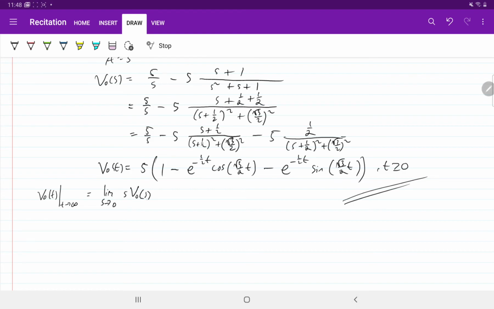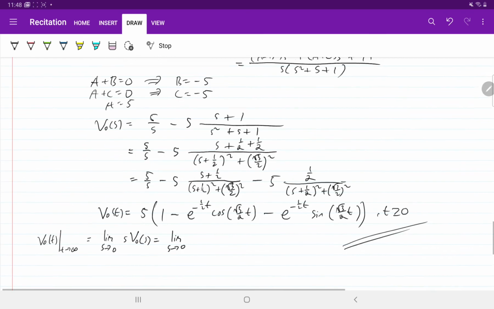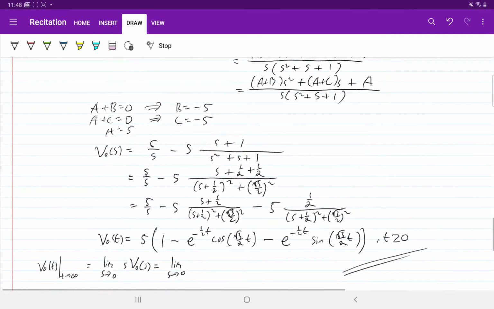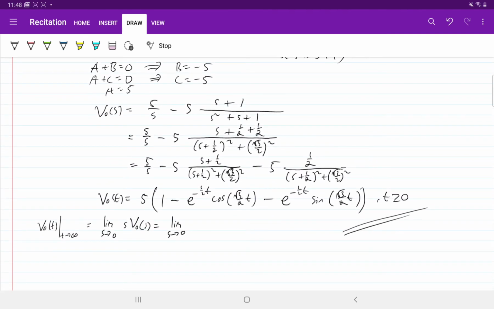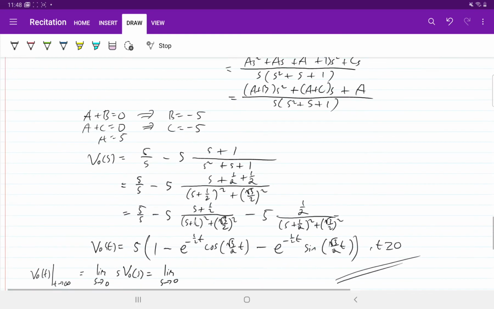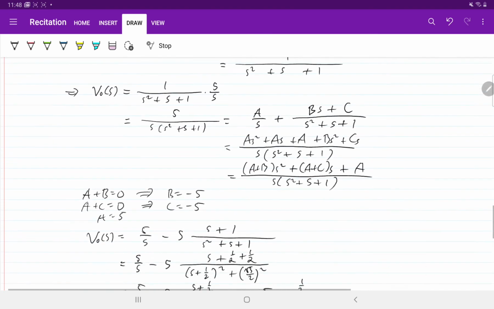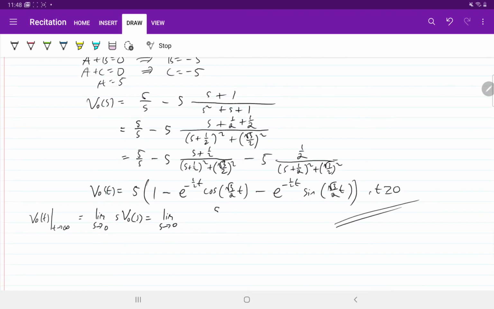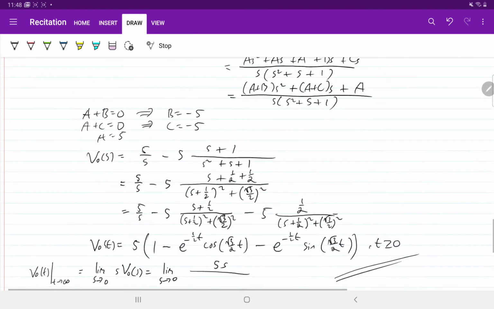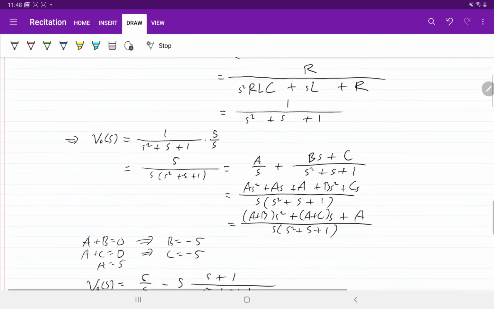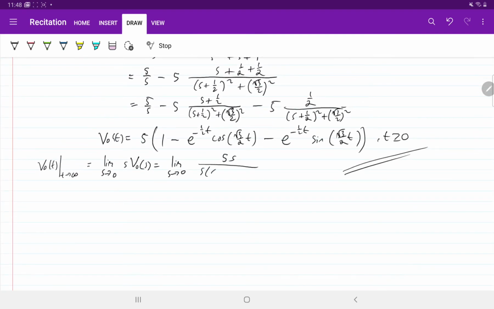Okay, so this is limit s approaching 0. So you have this term right here, 5s over s times s squared plus s plus 1.